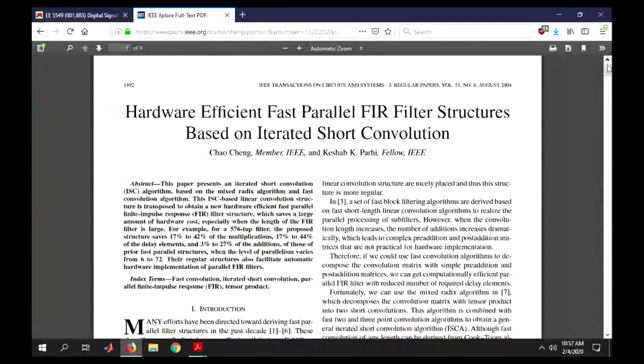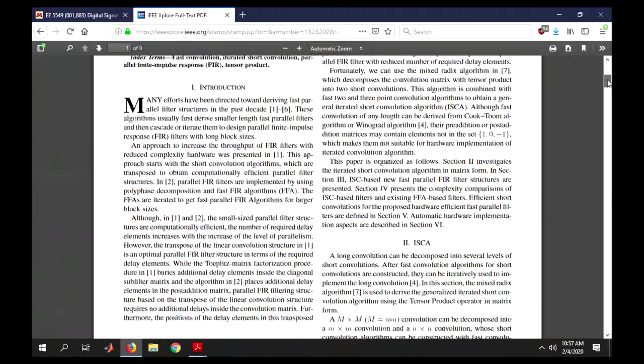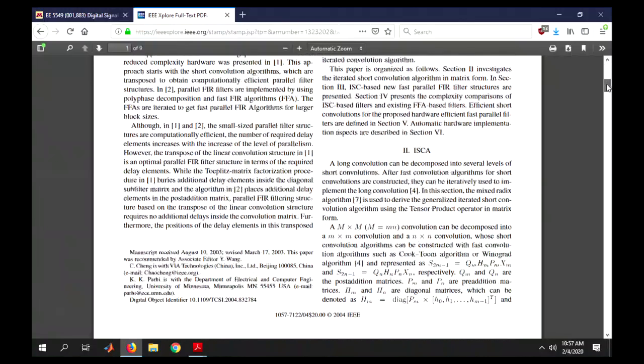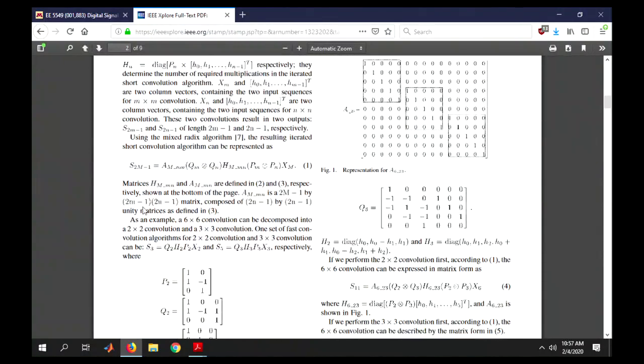I just asked you to read only one section of the paper, section 2, because the other parts are not relevant to us. This is the so-called iterated short convolution algorithm. Just read this section. It should be of great help in your homework, and it shows how to generate those one-line equations.